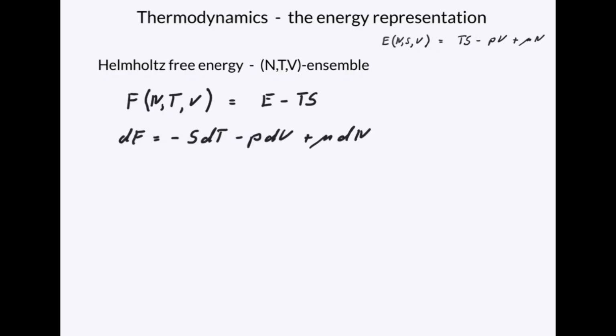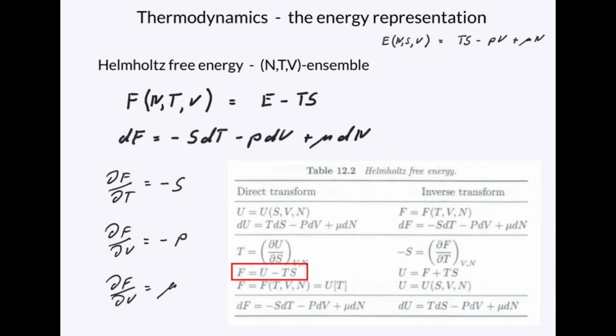For the transform, we have to change the free parameter S in the energy to a free parameter of temperature in the free energy. Hence F is given as E minus TS, or in the differential form, dF is equal to minus S dT minus P dV plus mu dN, from which you obtain the respective conjugate variables S, P, and mu.